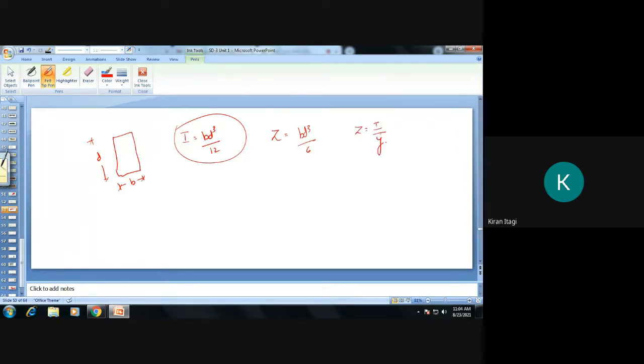Remember these things, or do one thing, just glance at your notes on what you have learned about the moment of inertia and how to calculate the CGs.